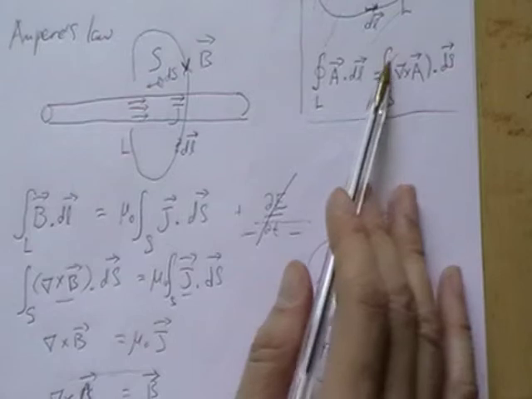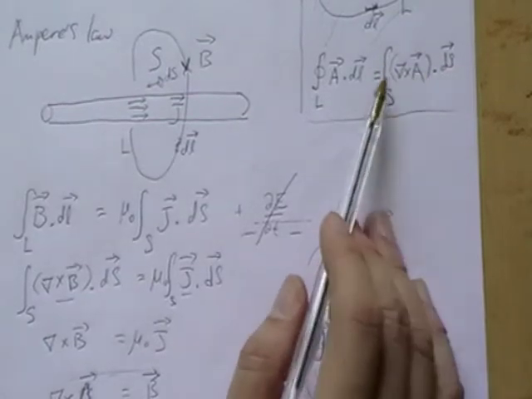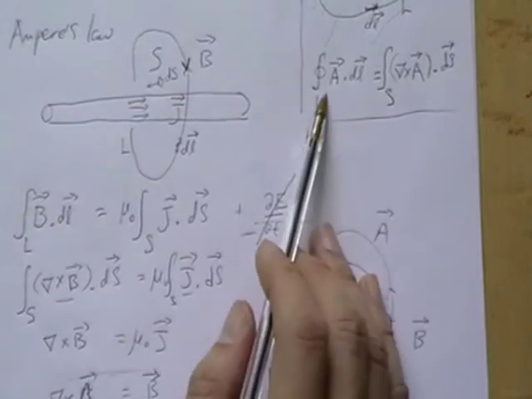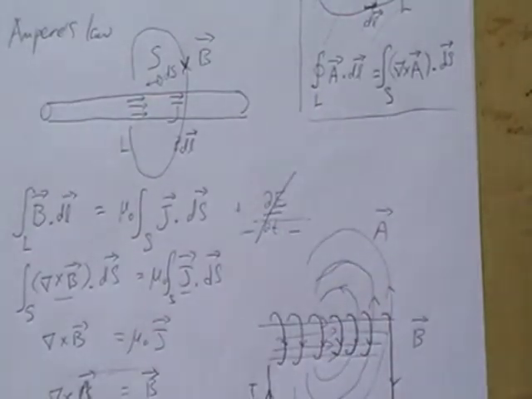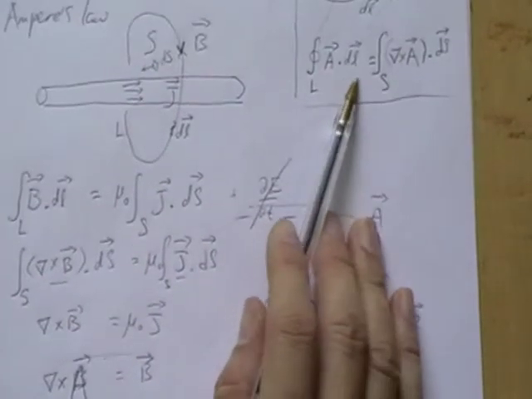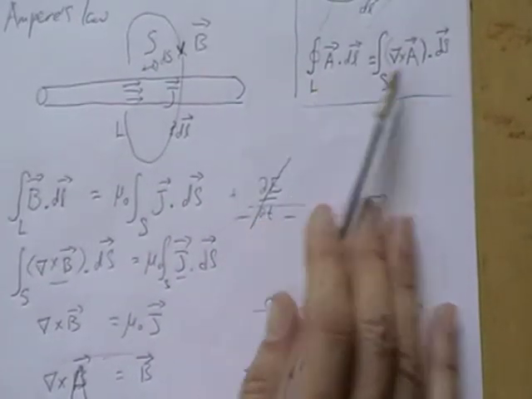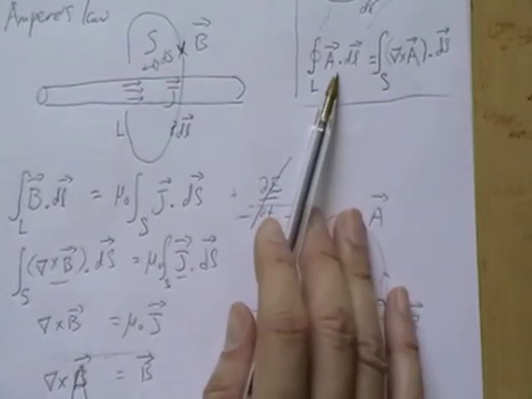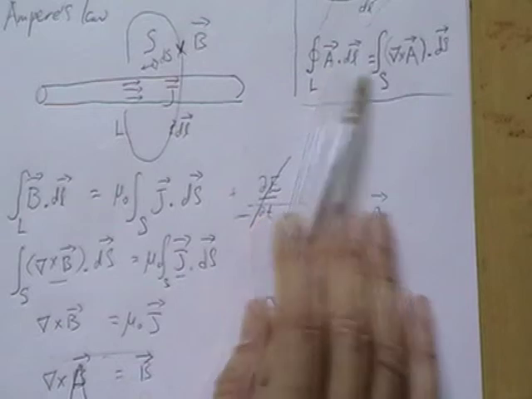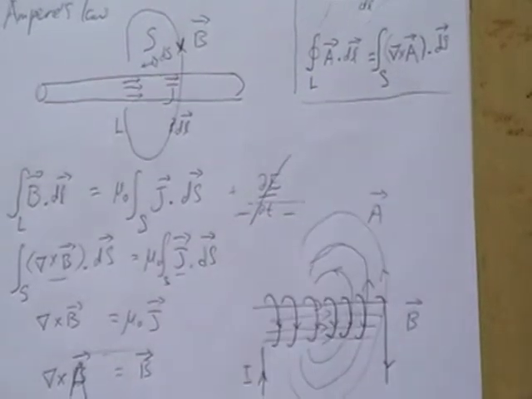If I have a curl, the integral form would be just this. I would just integrate this and get the integral form. And since I have this formula using the symbol A, which is the same symbol I'm using for the vector potential, I can simply take over this formula and copy it down here.